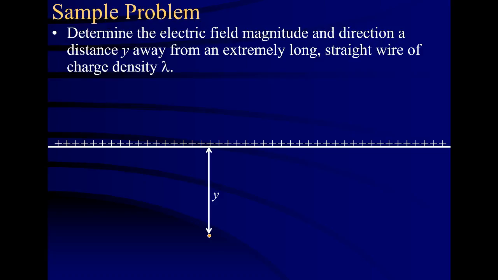So one thing that we want to keep in mind is that lambda in this case is going to be equal to a couple of things. It's either going to be the entire charge divided by the entire length L, which we don't know, but it's just a variable, or it could be dq dx.